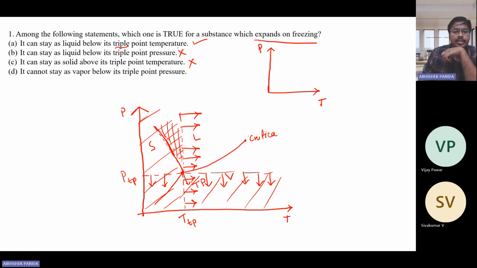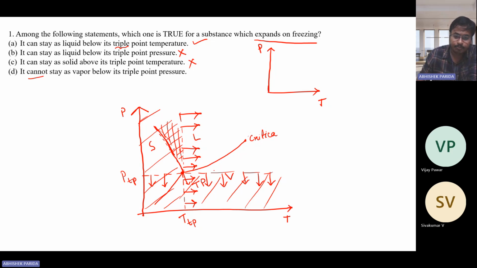Coming to D, it can stay as vapor below its triple point pressure. Whether it is true, below the triple point pressure is this region.